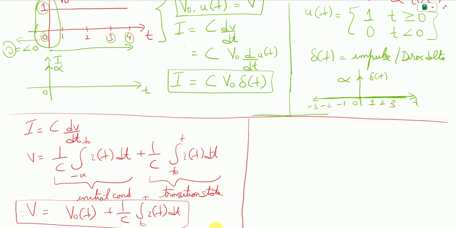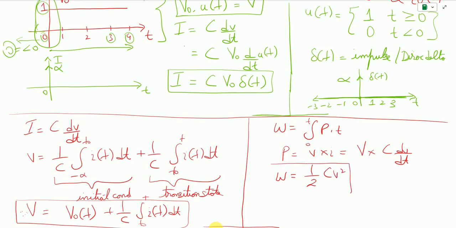Finally, we are interested in the energy stored in the capacitor, because in the beginning we defined the capacitor to be a device that stores electric energy. In order to find energy, we know that it is the integration of power with respect to time, and power is equal to V into I. We know that the current is C dV by dt, so the energy comes out to be half CV square.